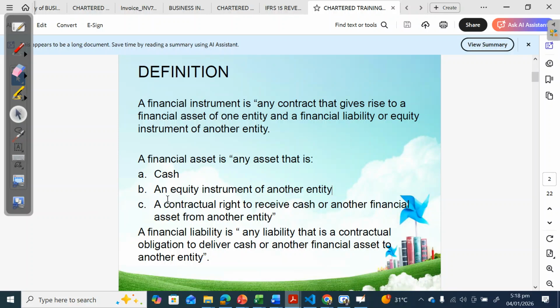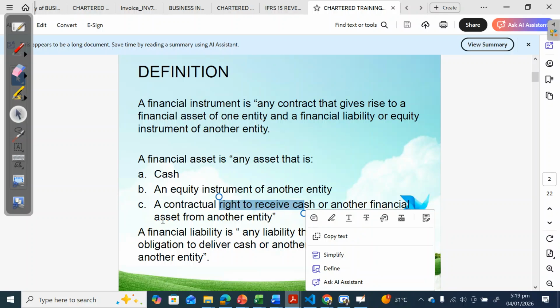A financial asset can also be a right to receive cash or another financial asset from another entity. An example is when you sell goods on credit to a customer.